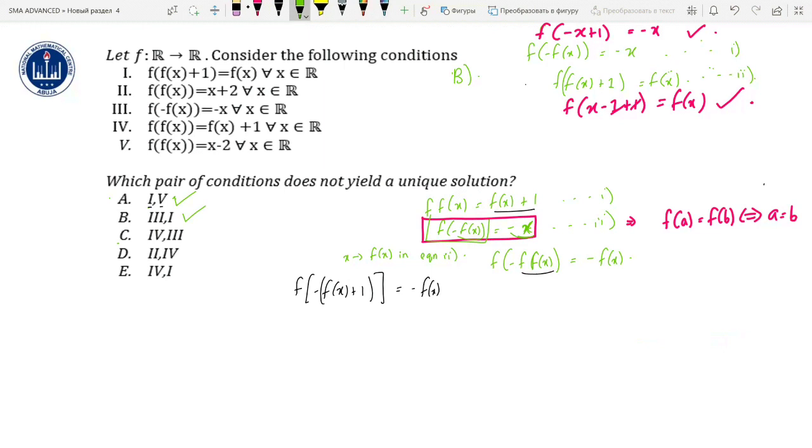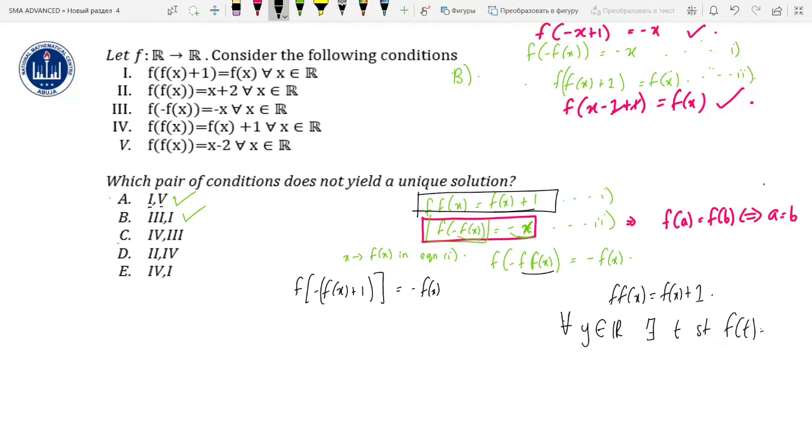And because the function is surjective, from our first equation, we have that f of x is equal to f of x plus 1. Because f is surjective, we can say that for all y, member of real numbers, there exists a t such that f of t is equal to y.